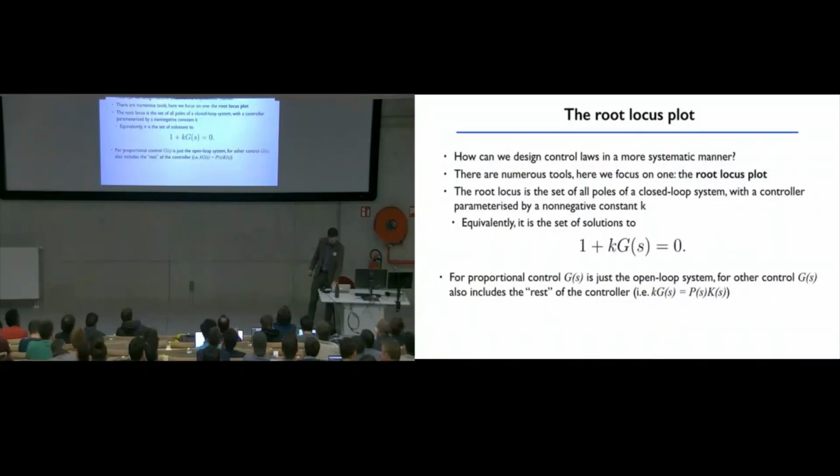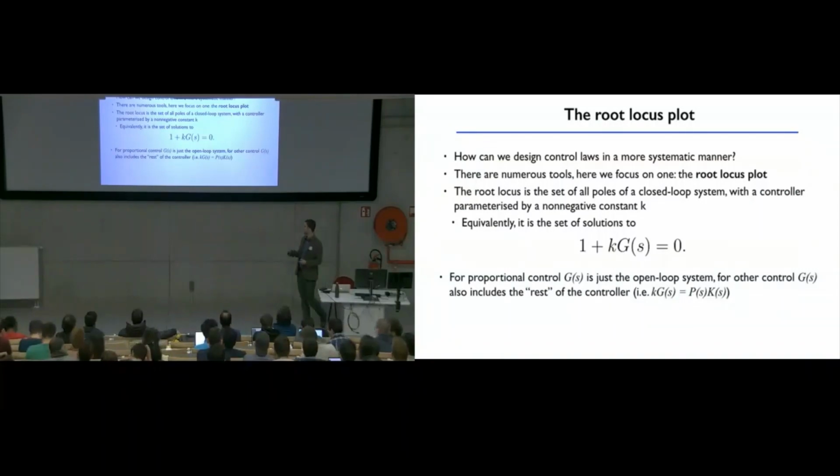Okay, but more generally, if I have, say, a simple controller, I might want to be able to predict something about the performance or the stability characteristics of my closed loop system.